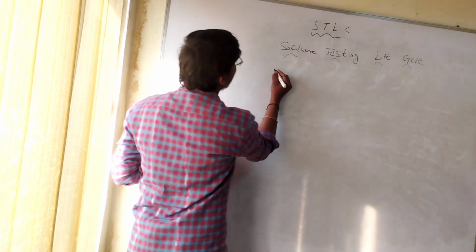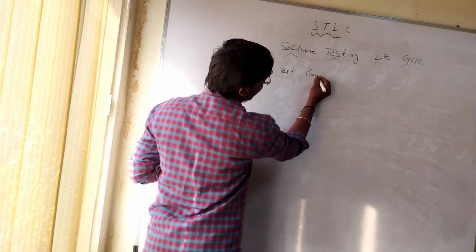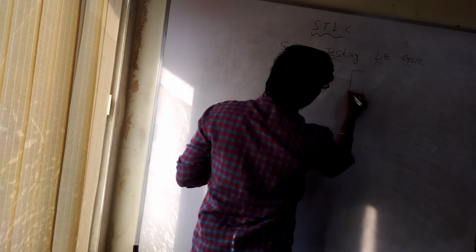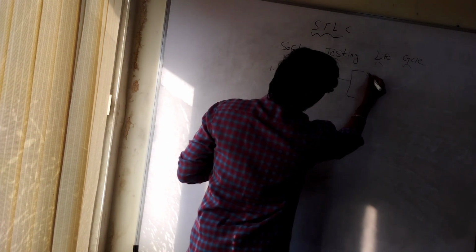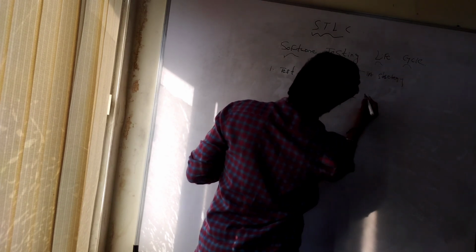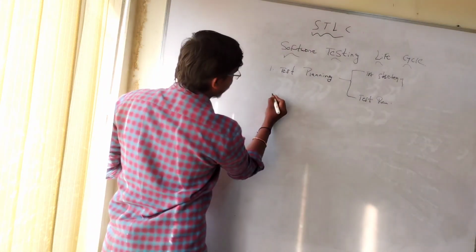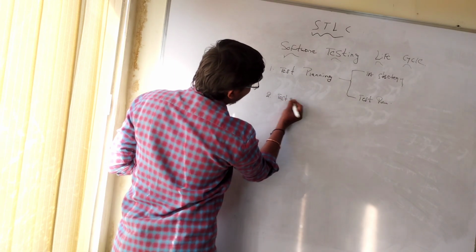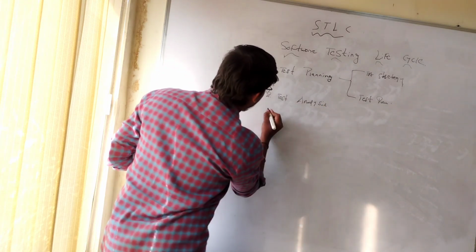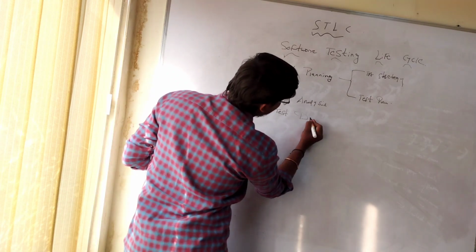First one is test planning. In test planning, we have 2 documents. First is the test strategy, second is the test plan. The second phase is test analysis. The third one is test design.